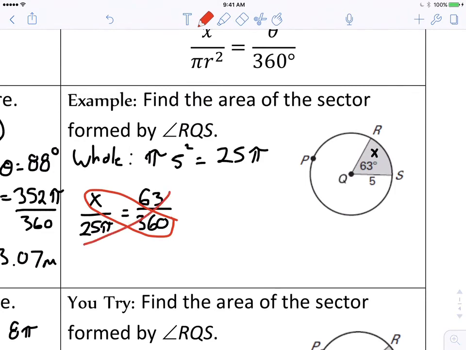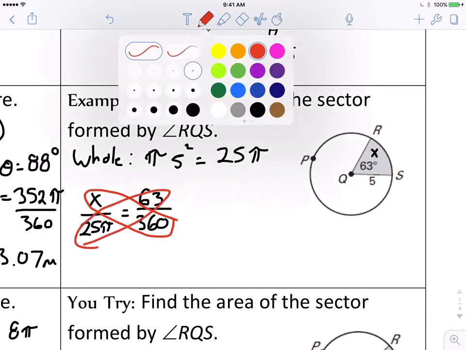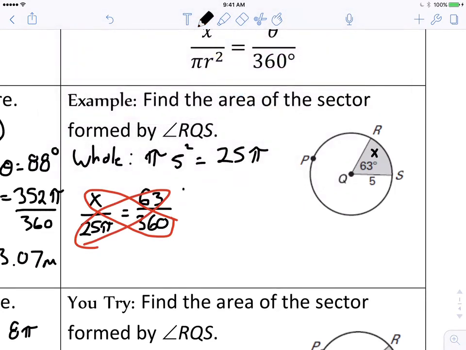You're going to end up with 360x is equal to, I'll just multiply the numbers right now, 63 times 25 is 1,575, and then a pi.